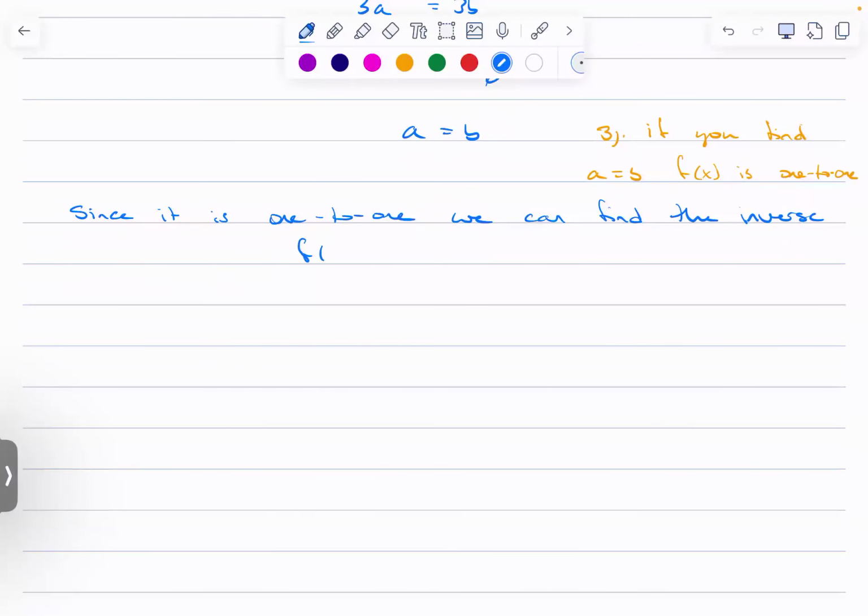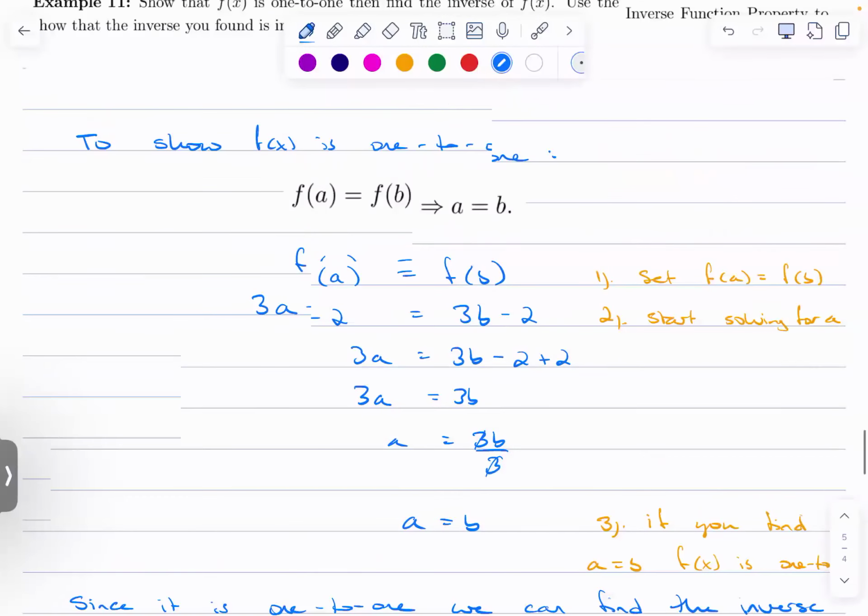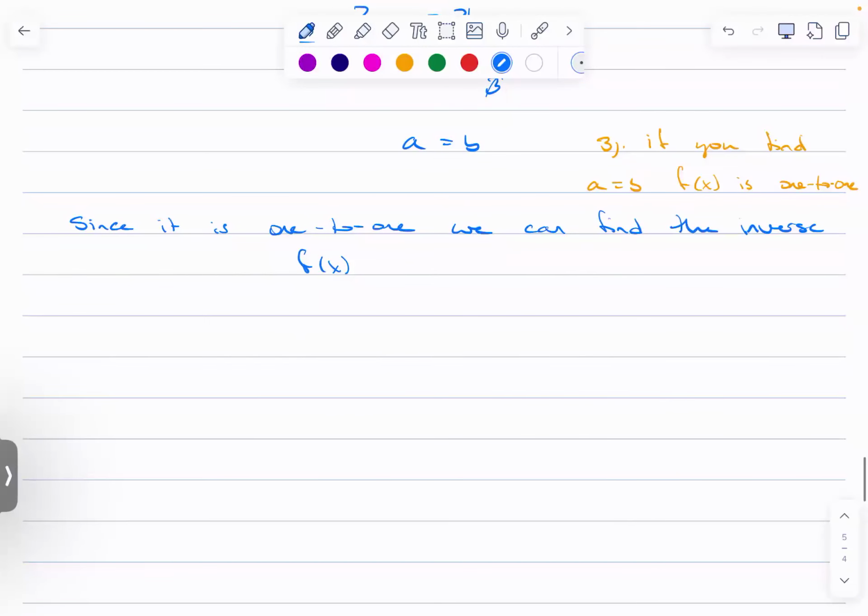I'm just going to jot down f of x was 3x minus 2. To find the inverse, first we're going to write y equals 3x minus 2.